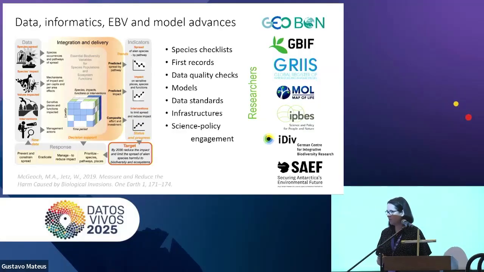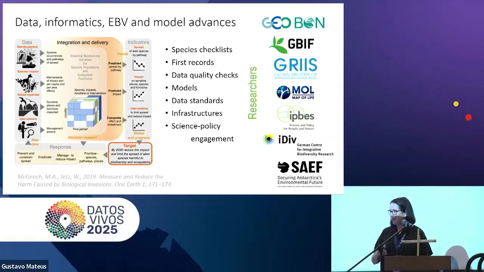Fortunately, we are in a position to produce this indicator thanks to over a decade's worth of work from many, many individual researchers and supported by multiple intergovernmental agencies and initiatives, GBON, GBIF, GRIIS, AppleLife, IPBES, iDiv, et cetera.